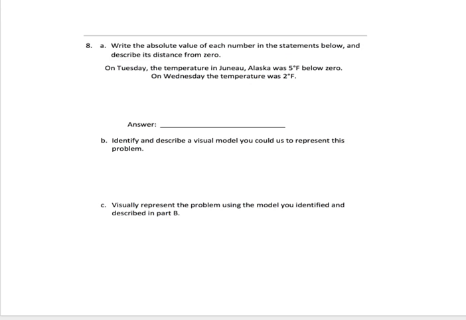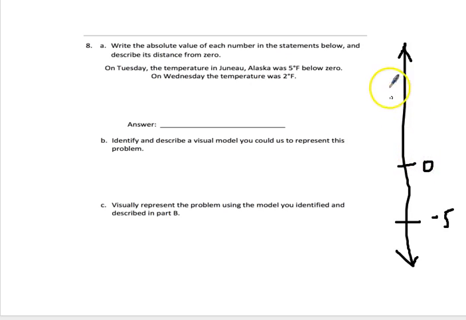Okay, so we're going to create our number line first. Okay, and I'm going to record the points that we have. So I've got -5, that's below 0.